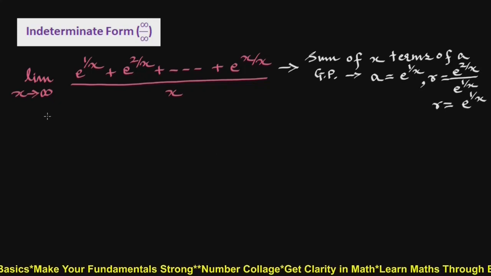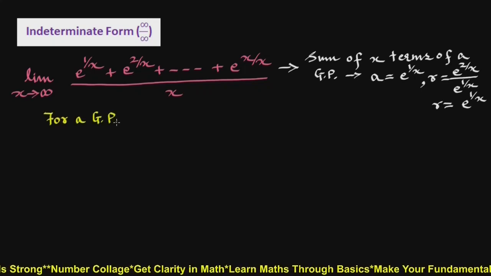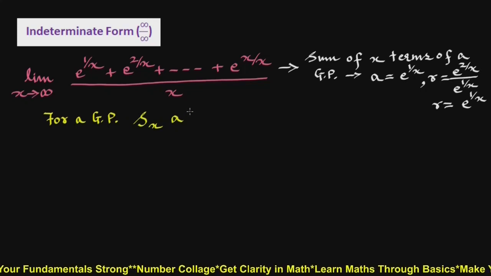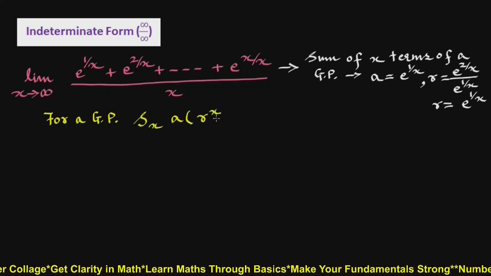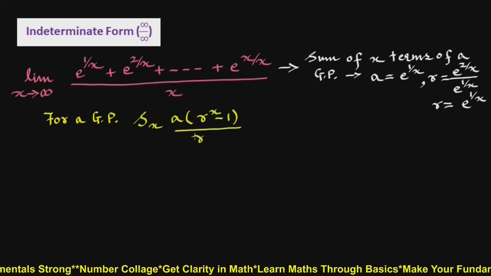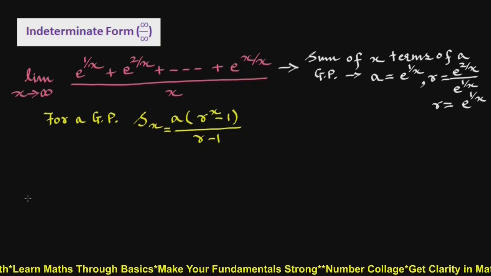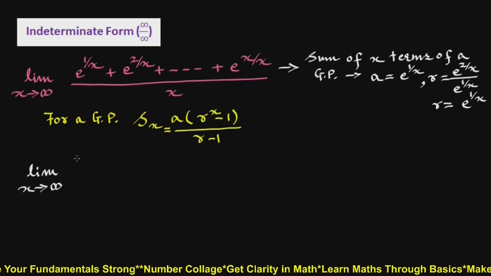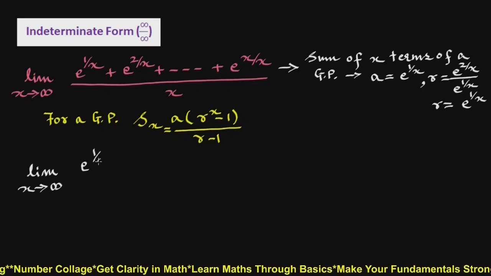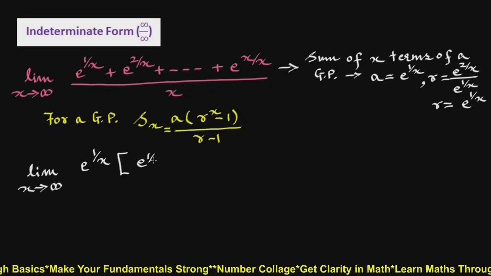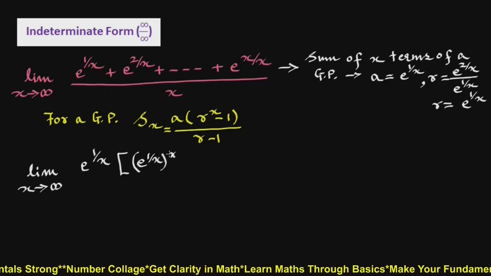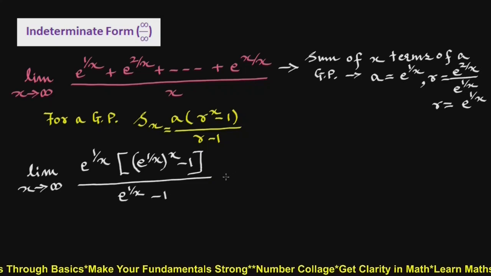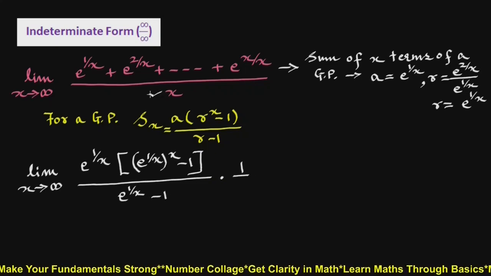Now we know that for a GP, the sum of x terms will be a into r raised to x minus 1 upon r minus 1. So this will be the limit as x tends to infinity of, in the numerator, e raised to 1 upon x into e raised to 1 upon x raised to x minus 1, upon e raised to 1 upon x minus 1, into 1 upon this x.